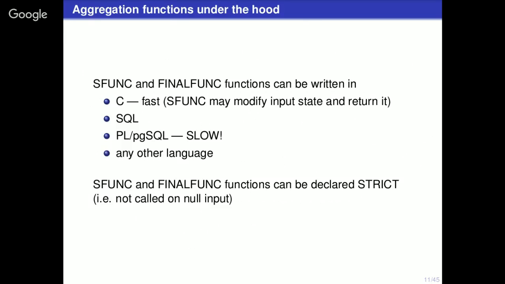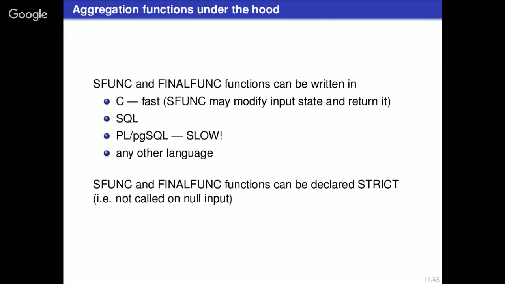Most of all, for training purposes, for experiments, you can write it in SQL and PL/pgSQL. I don't know what happens if you try to write it in PL/Python, PL/Java, or PL/Brainfuck. There is such a language.